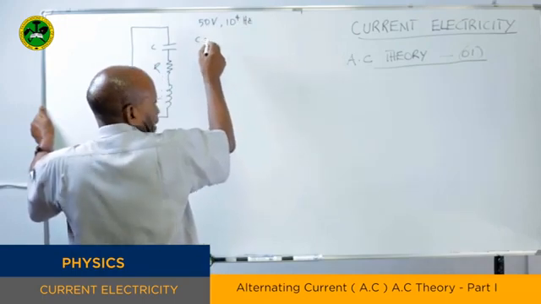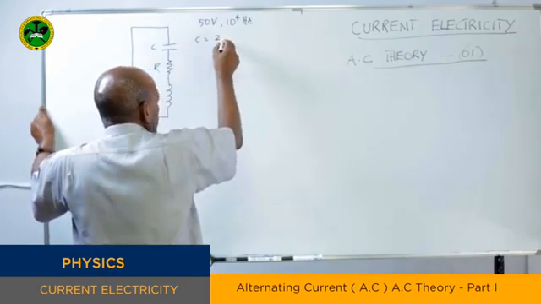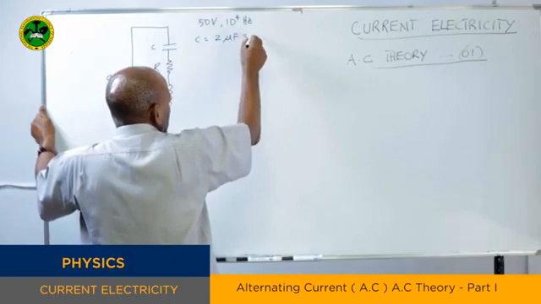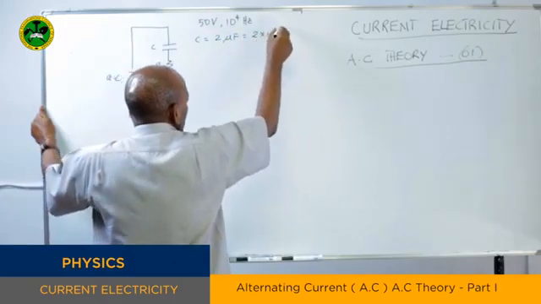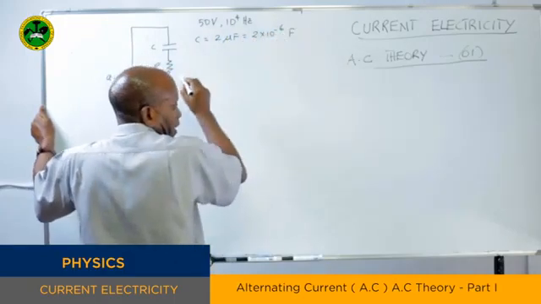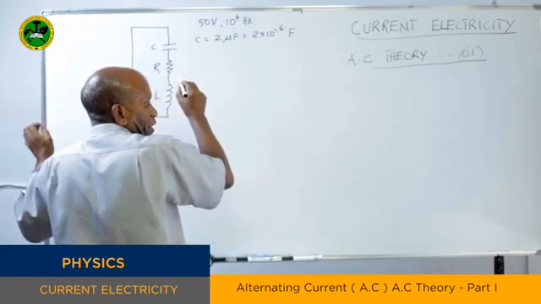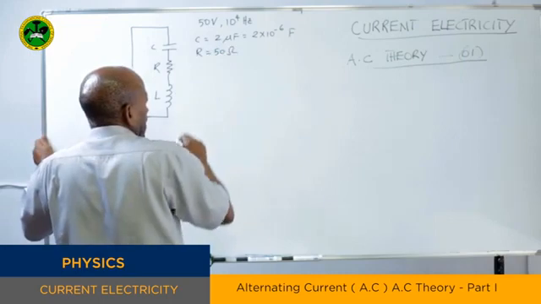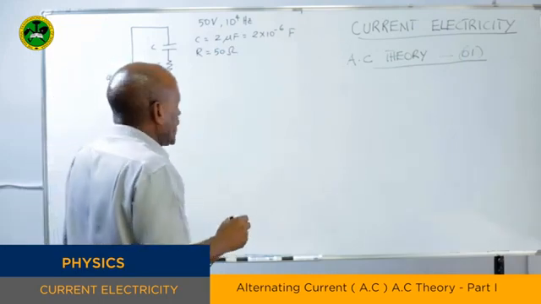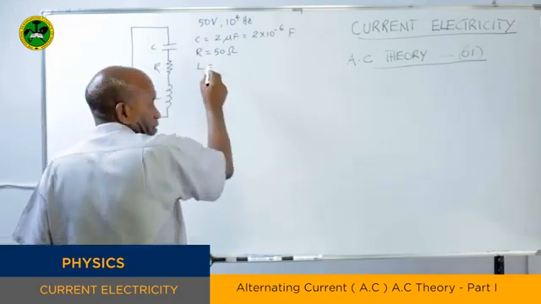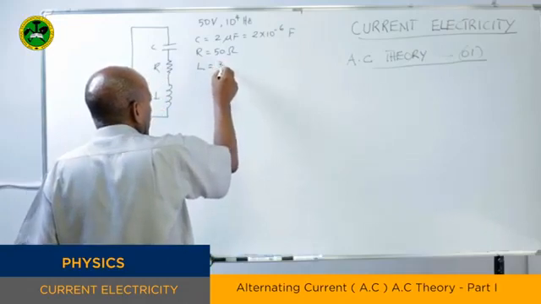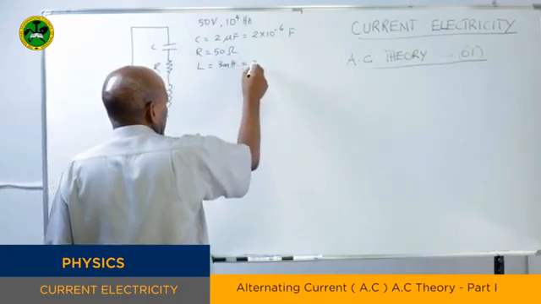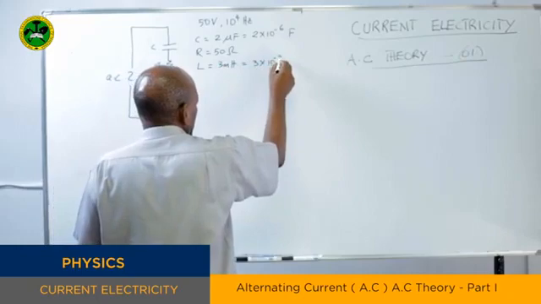The capacitor is given to be 2 microfarad, which is 2 times 10 power minus 6 farad. The resistor is 50 ohm. And the inductor L is 3 millihenry, that is 3 times 10 power minus 3 henries.